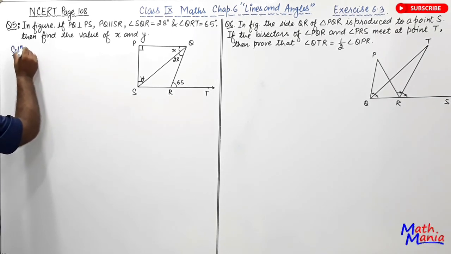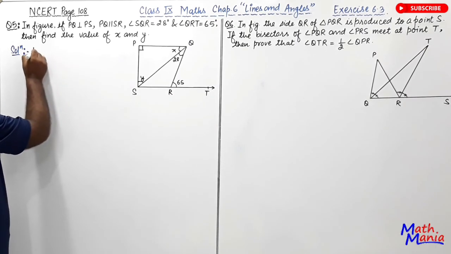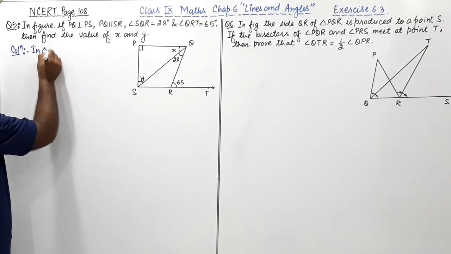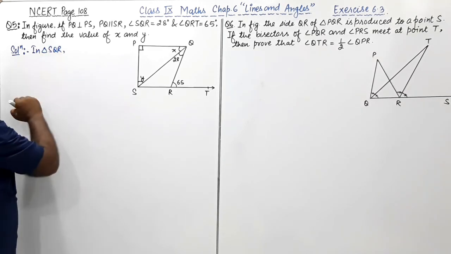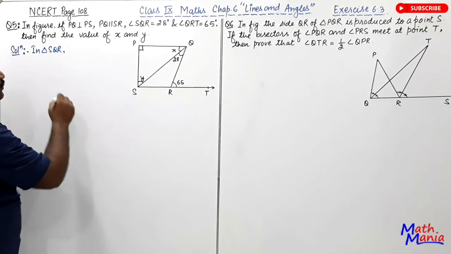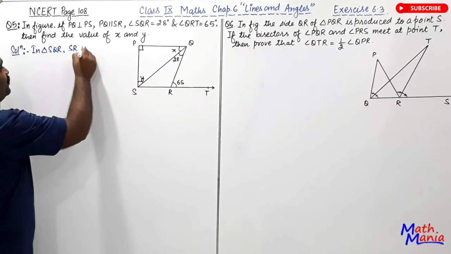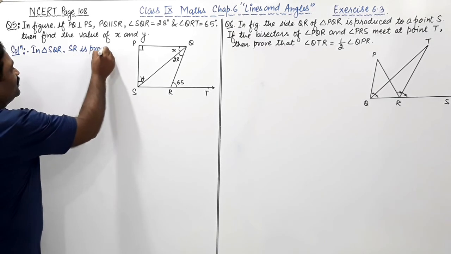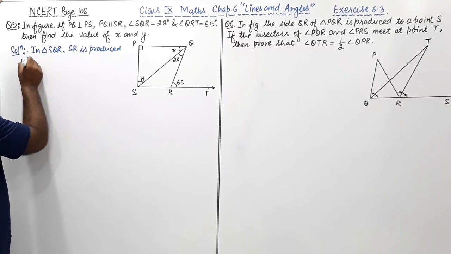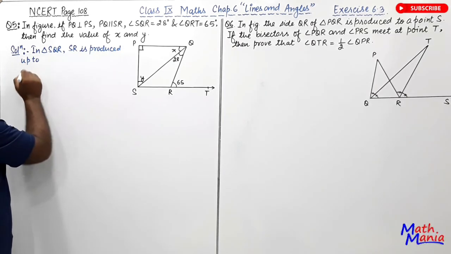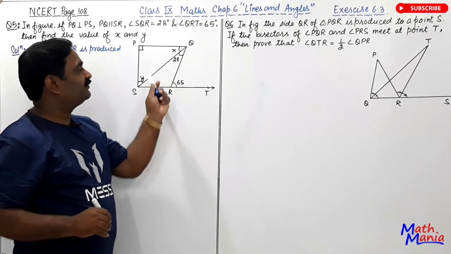Just see. Since in triangle SQR, SR is produced up to the point T, we will get an exterior angle of this triangle.